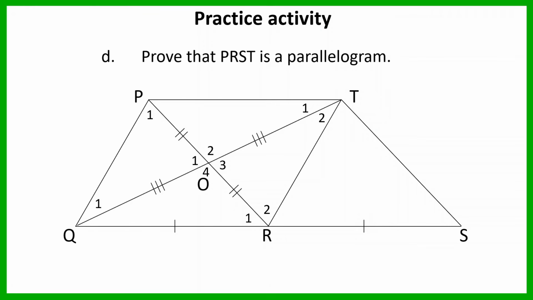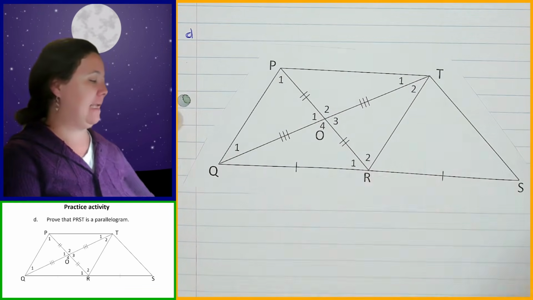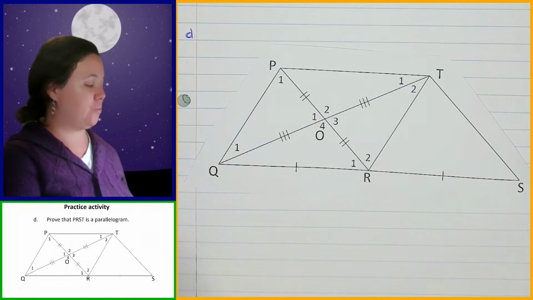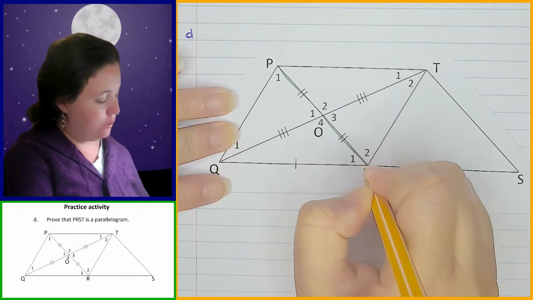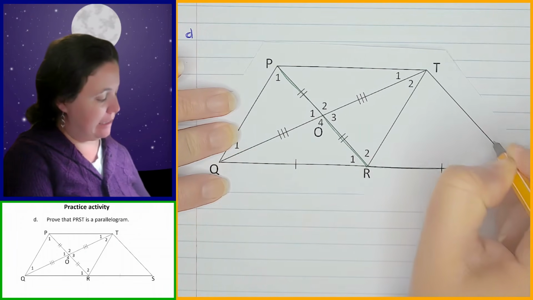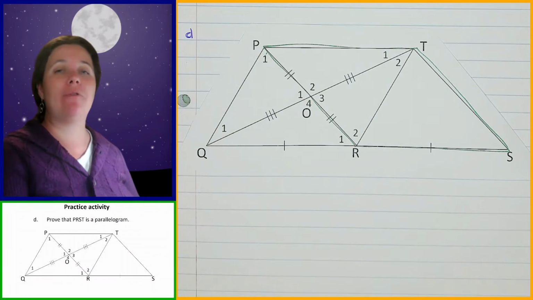Okay, so let's go through that example and see what you should have got. So first of all, in this diagram, you've been asked to prove that PRST is a parallelogram. Now we have a few different methods of proving that a quadrilateral is a parallelogram.